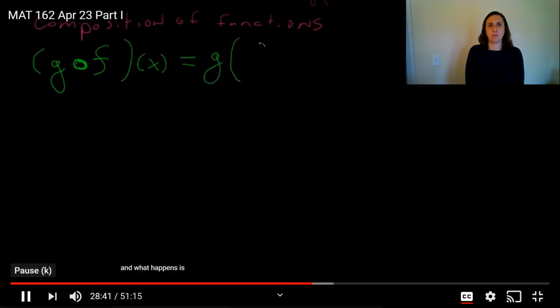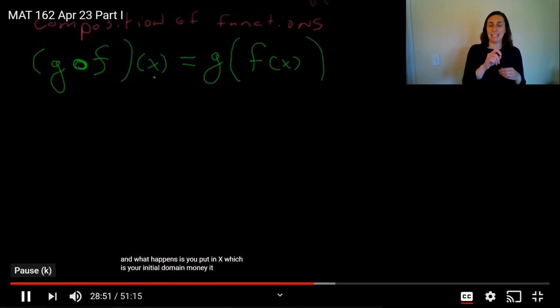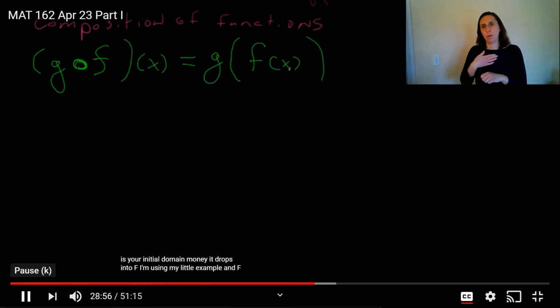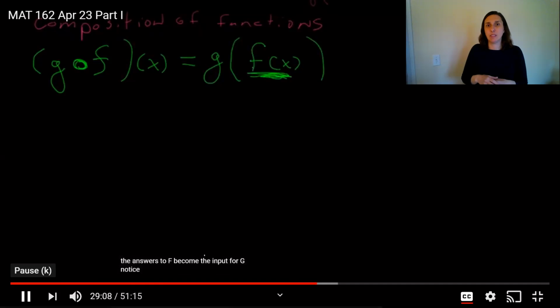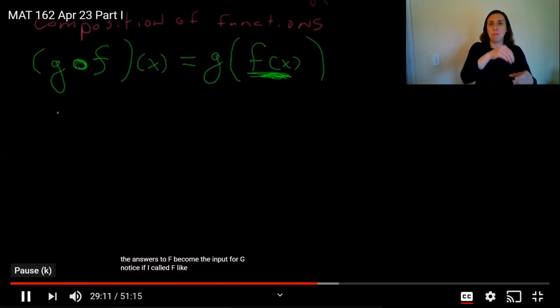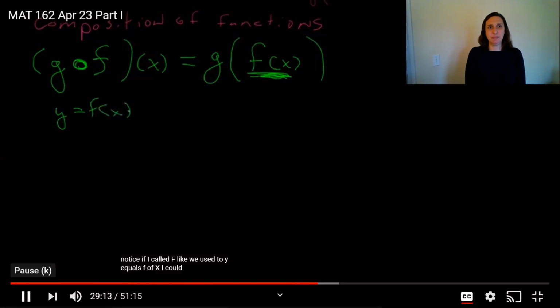And what happens is you put in X, which is your initial domain, money. It drops into F, I'm using my oil example, and F is going to spit out barrels of oil, which then becomes the input for G. So the answers to F become the input for G. Notice if I called F like we used to, y equals f of x, I could rewrite this as G of y.